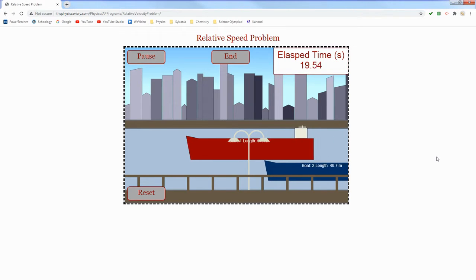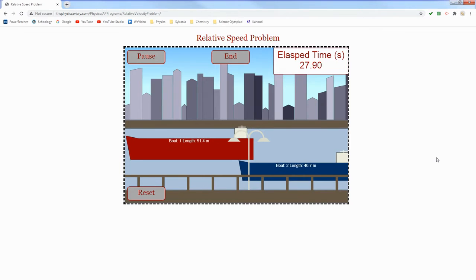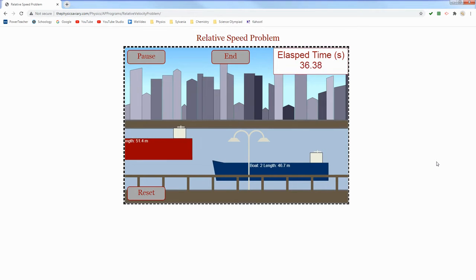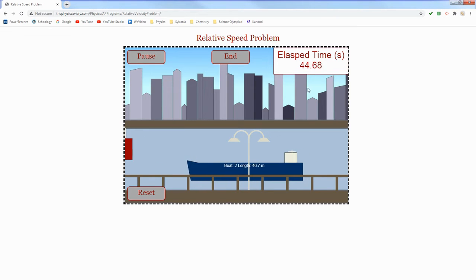But if you were on one of those boats, you would not see the same thing. Let's say you're going 20 kilometers an hour and the red boat is going 30. You'd see 10 kilometers an hour as it passes you. Depending on your frame of reference, you would see different perspectives.